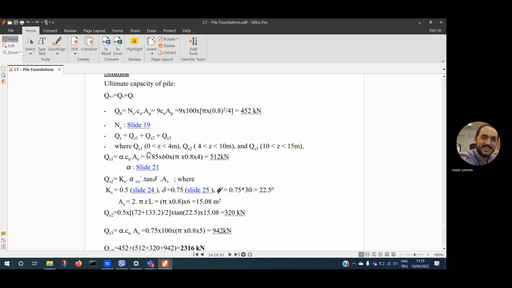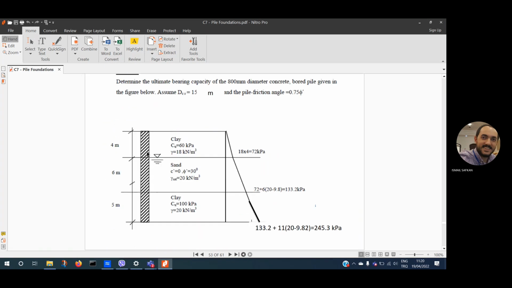Well, based on what I said initially, if clay continues below the level of the pile, it's called a floating pile.